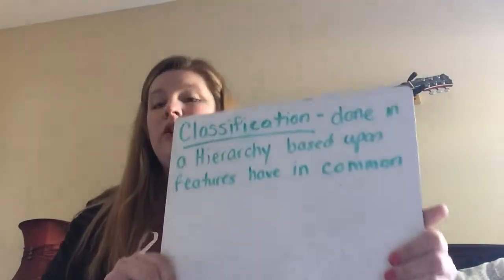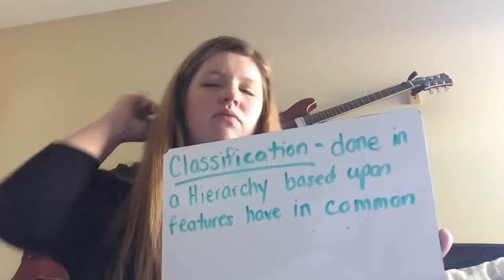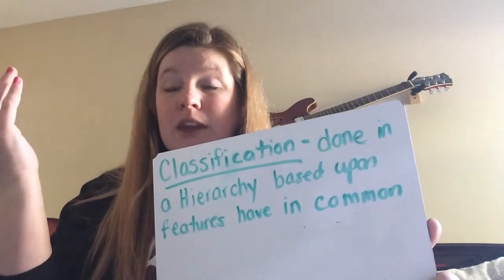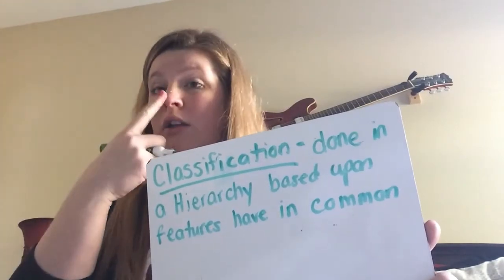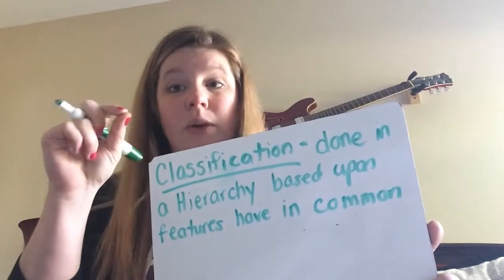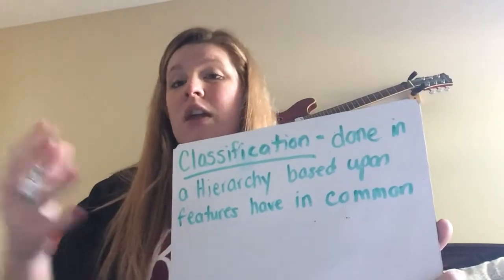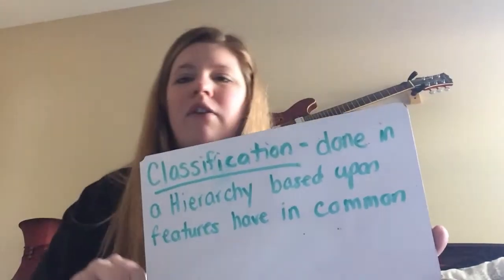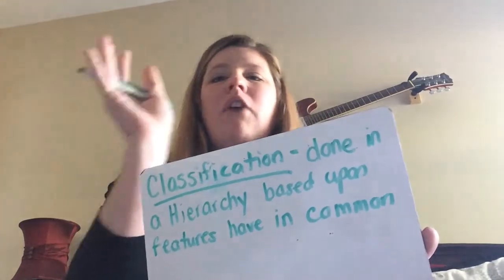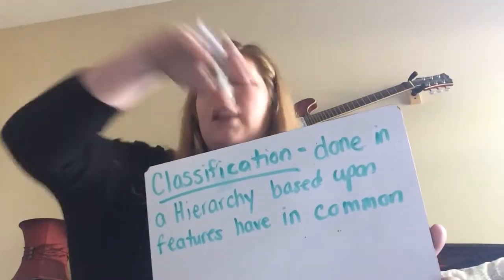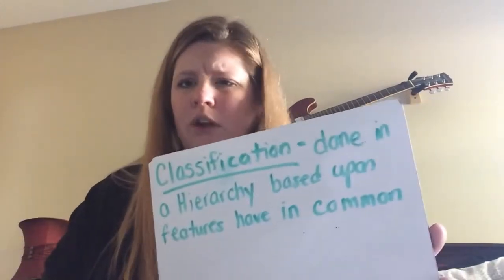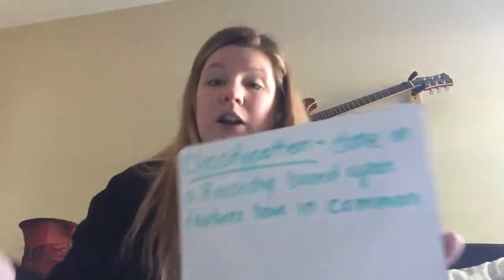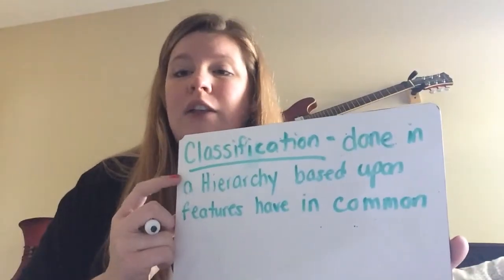So if I gave you one picture, and one of the clues on the dichotomous key was that the bird has a long beak, you can easily tell that if the picture has a short beak, it can't be in this half of the hierarchy. So I've already eliminated half the birds. Then I look at these birds, and it has webbed feet, which is kind of weird for a bird, but some of them do. Then you start narrowing it down more and more. That's how the classification system works.